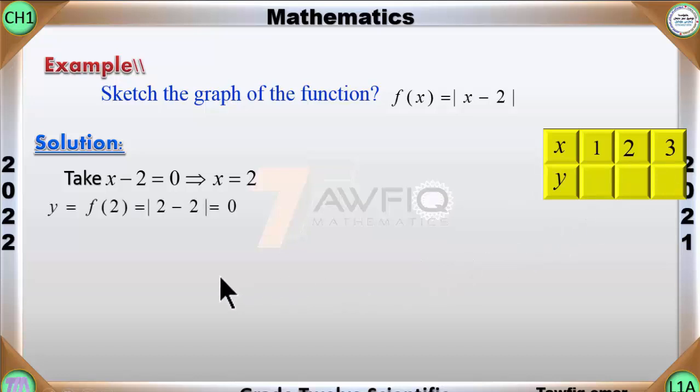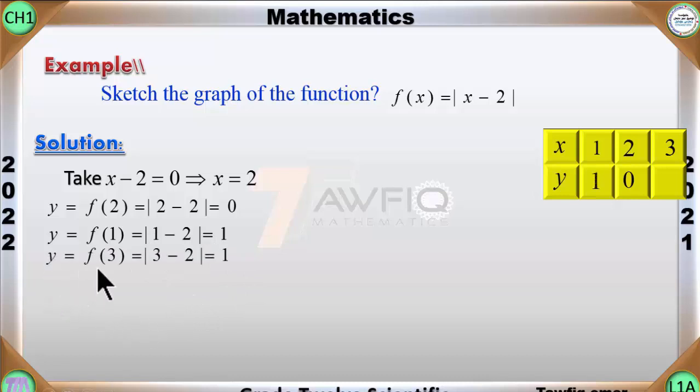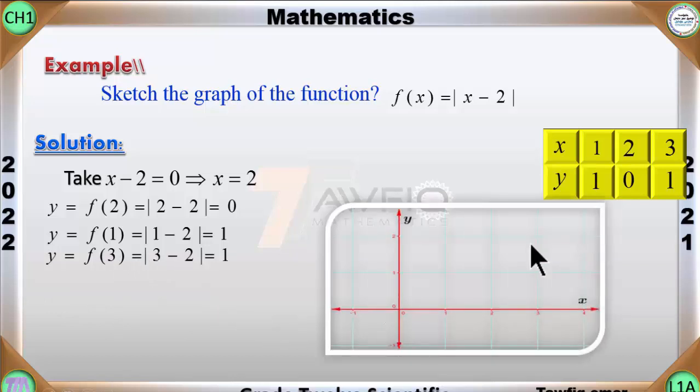And now find y. y equals f of 2, which equals the absolute value of 2 minus 2, which equals 0, and y equals f of 1, which equals the absolute value of 1 minus 2, equal to 1, and y equals f of 3 equals the absolute value of 3 minus 2, equal to 1. And now draw the points on the coordinate. This is (1, 1). This is (2, 0). This is (3, 1). And then draw the graph of the function like this.